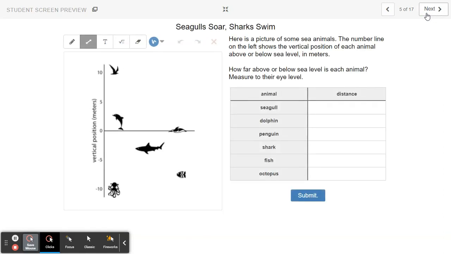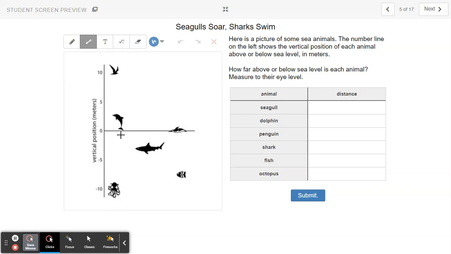All right. So here's where we're going to take a little bit of a different take on the positives and negatives, and we're going to be using some sea animals. So this graph is showing, notice it says vertical position in meters. Vertical position just means how far above or below sea level, which is here, right?